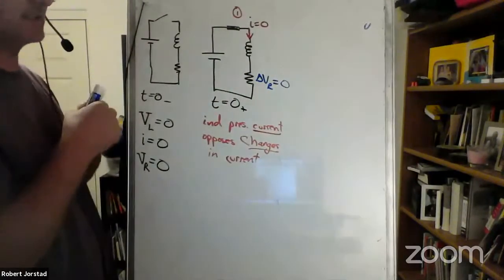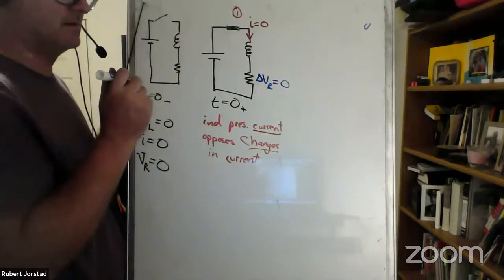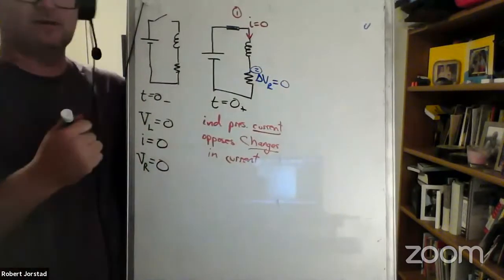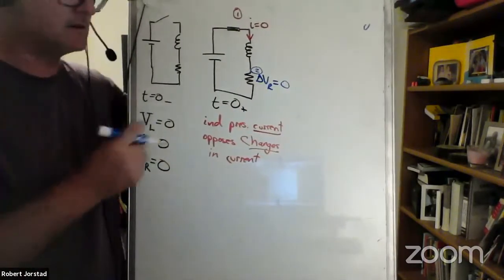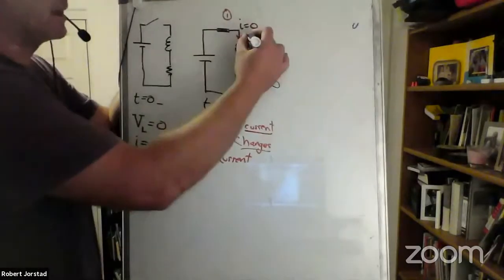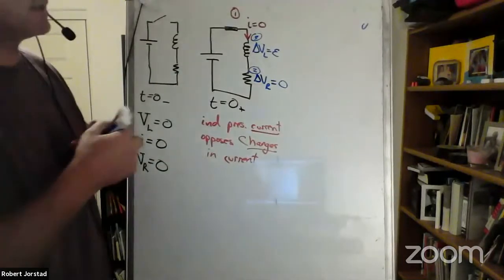Okay, so what else can we learn? If the voltage is 0 across the resistor, it has to equal E, or whatever we call the voltage across the inductor. It's always voltage across, current through. There we go. We're off to the races. Next.